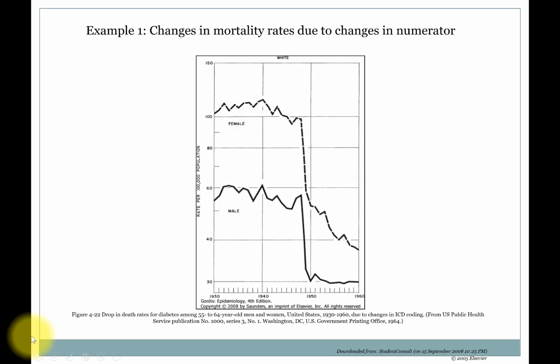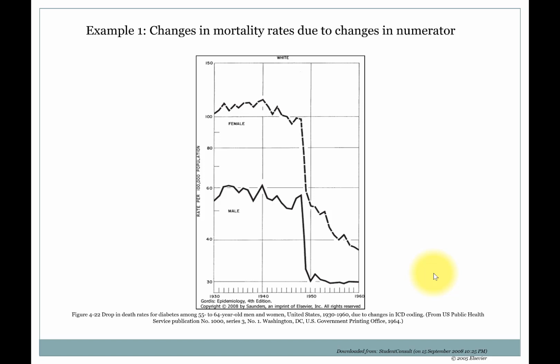This graph shows how mortality rates can change over time. Without knowing what changes took place between the 1930s and 1960s, one would conclude that the diabetes rate dropped significantly for both men and women around 1949. So you can see the immediate drop right here. News to celebrate, right? Not exactly. What happened in 1949 was the ICD codes got revised and moved from the 7th edition to the 8th.